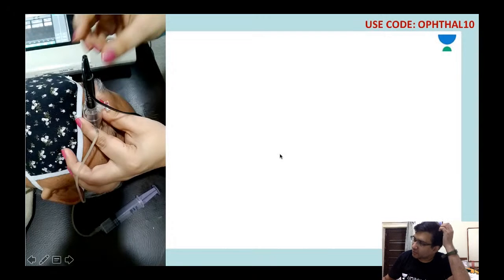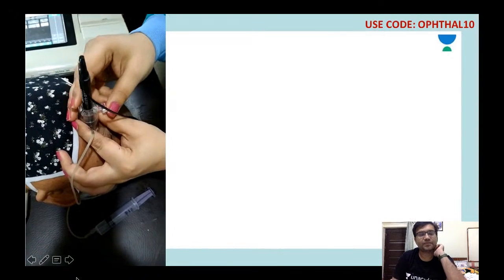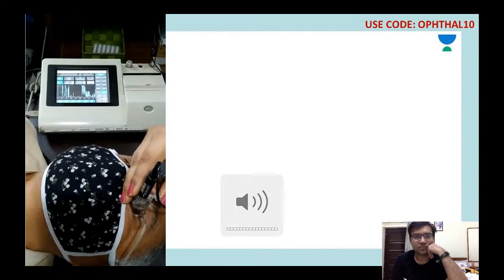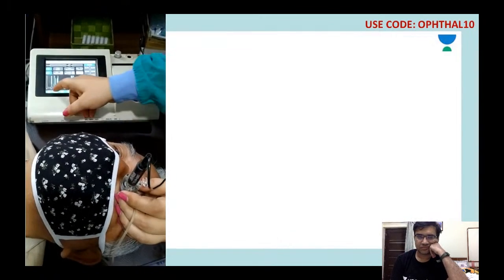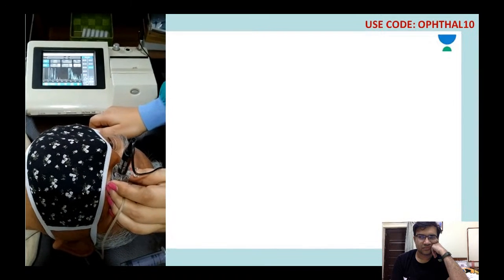Now I would be showing you, before I end the session, a few videos. Just identify what is the procedure going on. Can you tell me what is the procedure going on?